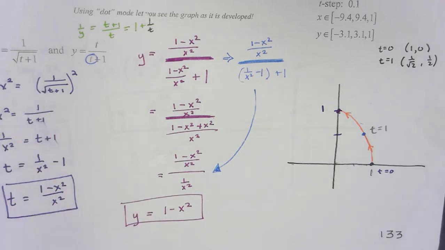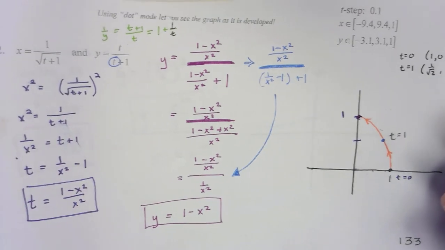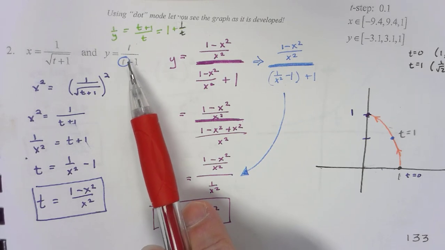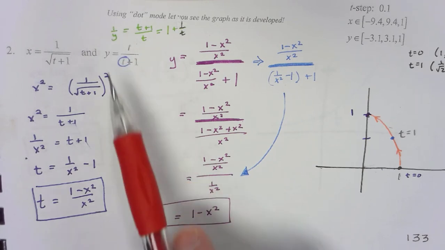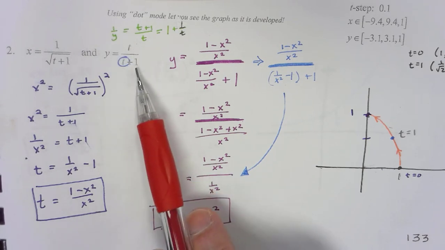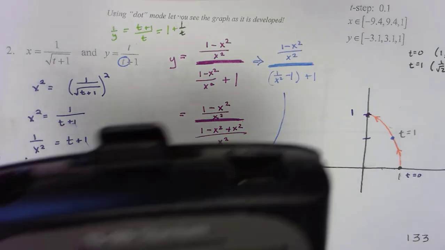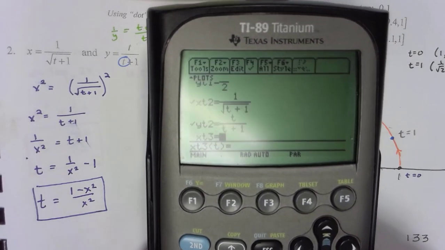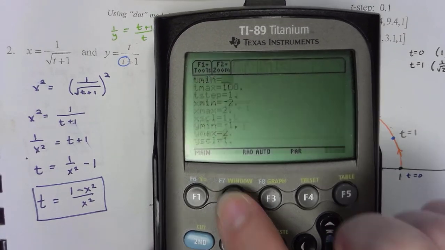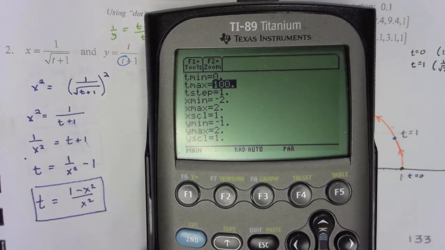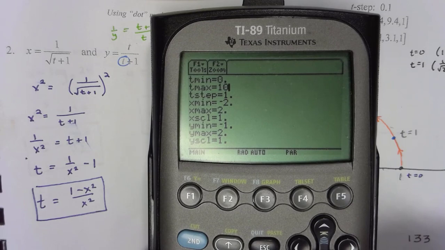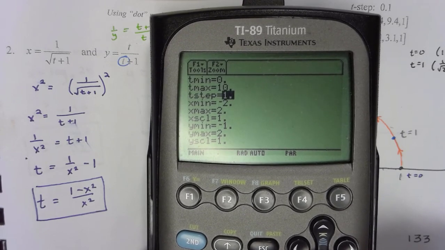When am I going to get 1 for y? I'm never going to get 1 for y. It's going to get very close to 1, but it's going to be a little less than 1. And we can test this theory. If I go to my window and I just say, all right, let's just go from 0 to 10 and try that.